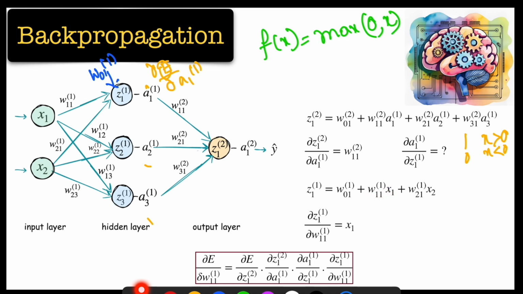Then del E del W111, we can use the chain rule here, right? a11 is used in this path, so we can calculate the gradients along this path. It is del E del z12, then del z12 del a11 here, del a11 del z11 here we calculated, and del z11 del W111. All this we have calculated, so we can calculate this as well. So this is how, gradually, layer wise, we calculate these gradients.